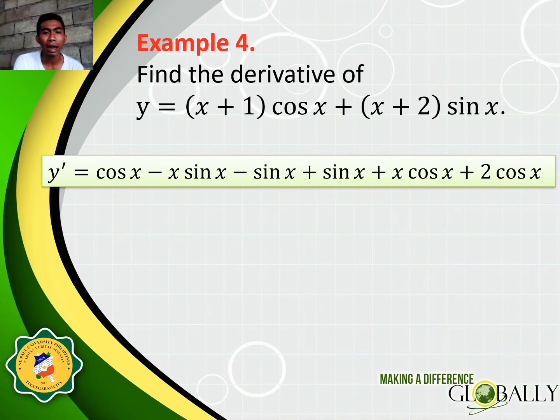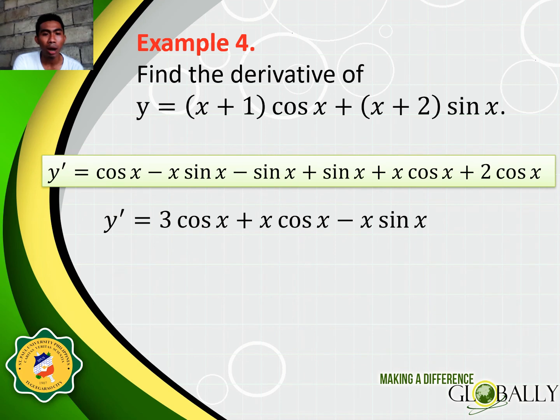By combining like terms, we can now say that y prime equals 3 cosine x, because when we add cosine x and 2 cosine x, the sum is 3 cosine x, plus x cosine x minus x sine x.